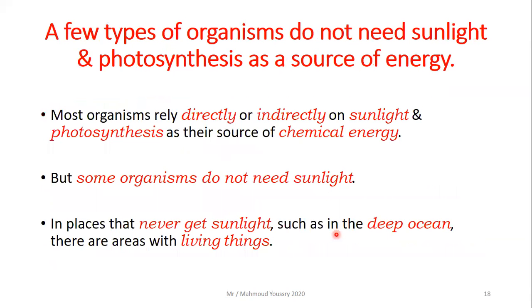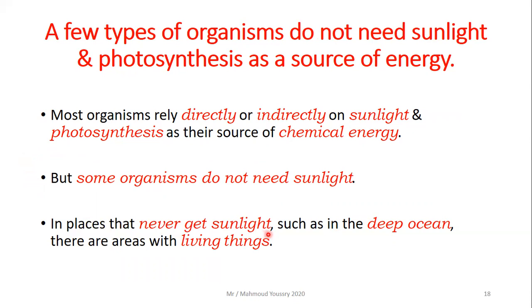Okay, but we have a few types of organisms that do not need sunlight and photosynthesis as a source of energy. Most organisms rely directly or indirectly on sunlight and photosynthesis as their source of chemical energy, but some organisms do not need sunlight. How?